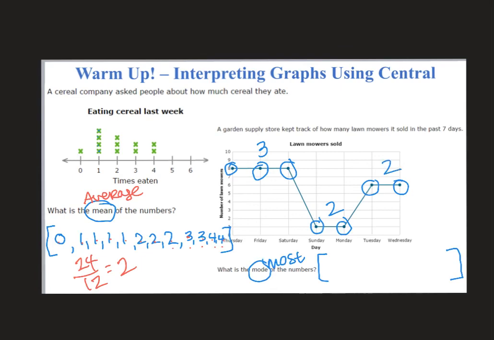Sorry, Tuesday and Wednesday, yeah, 6 occurs twice. So we would say 8, 8, 8, 1, 1, 6, 6. There are 3 eights, so I would say 8 is my mode.